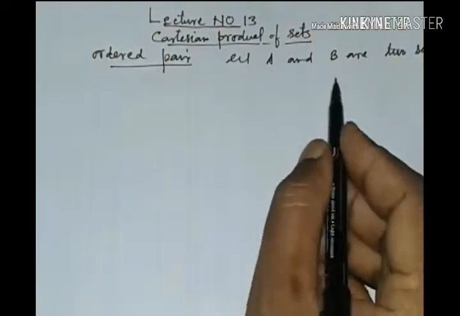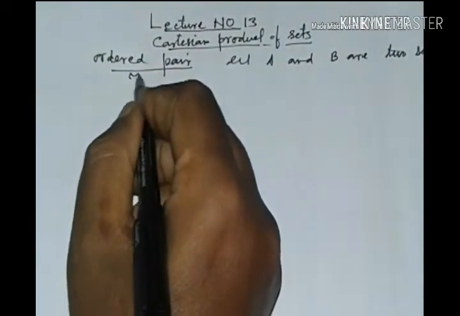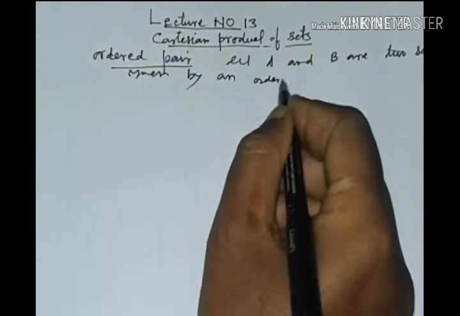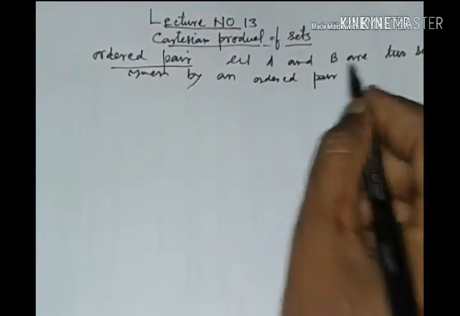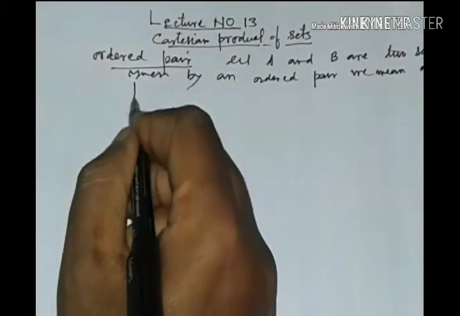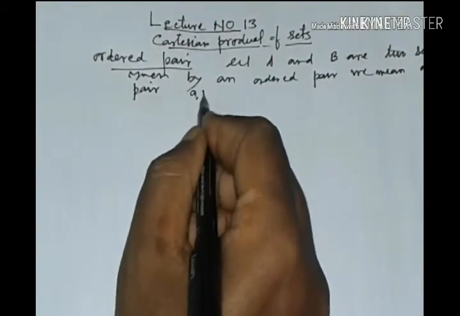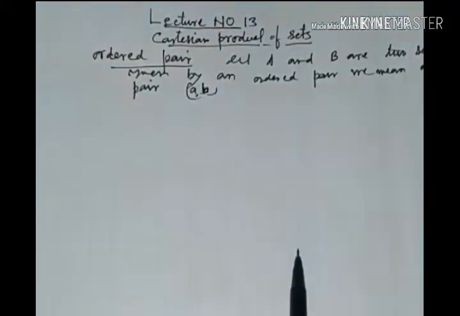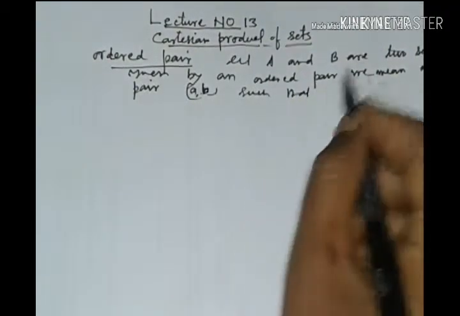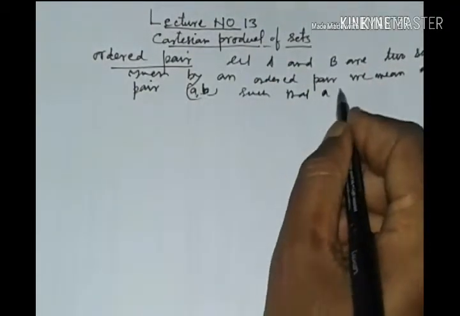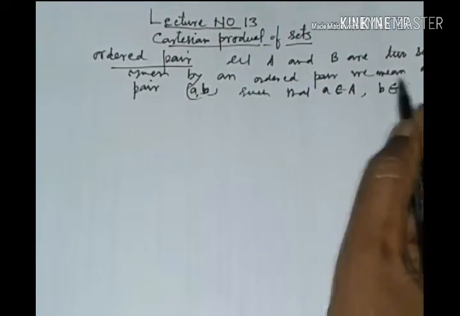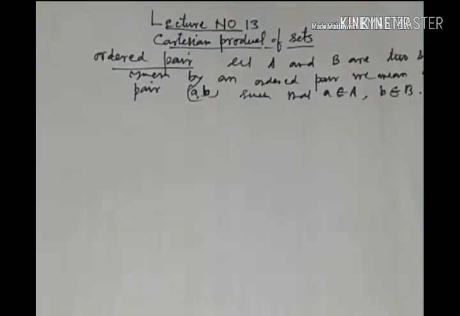Then by an ordered pair, we mean a pair (a, b), within the first bracket, such that the first component a belongs to the set A and the second component b belongs to the set B.